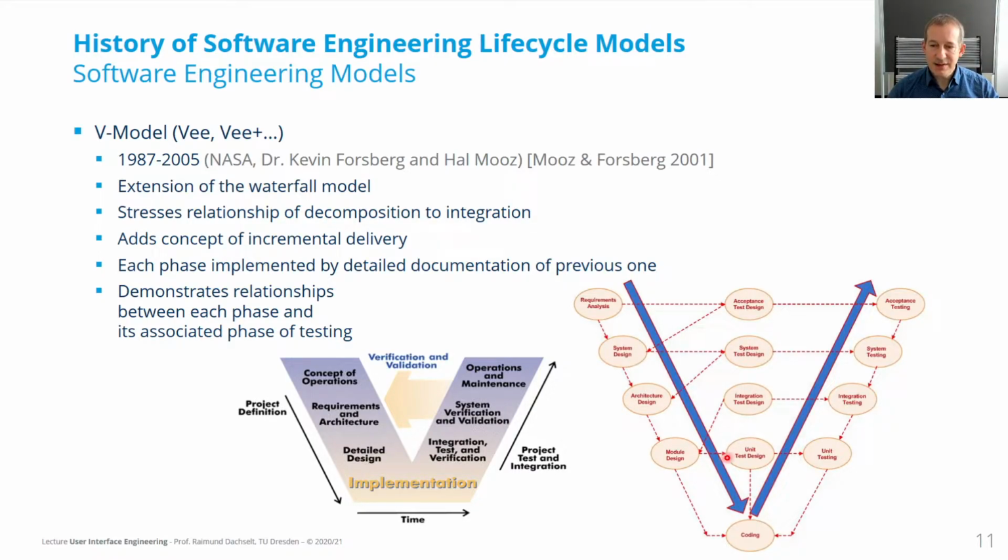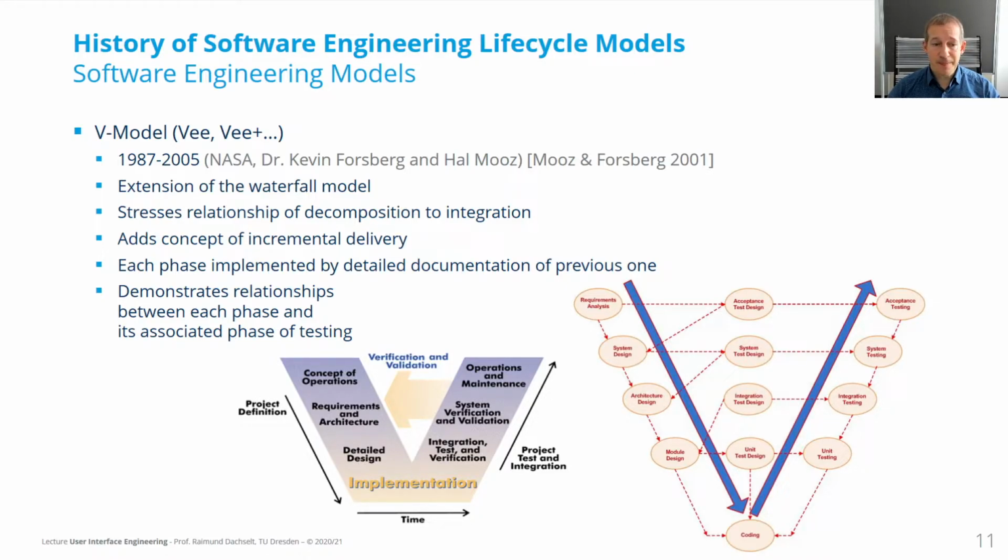And you see these test phases are built in here in between, and it's an interesting process which particularly stresses incremental delivery of software, and which of course includes a documentation which is handed over from each phase to the next one.